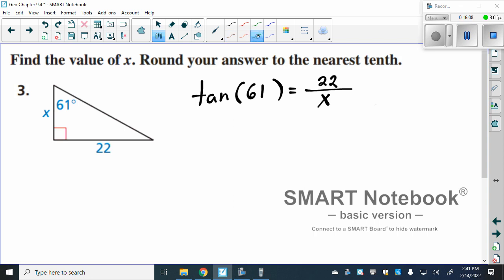Then we're going to multiply both sides by x. And we do this so that these x's will cancel out. And it also gets x into the numerator. A little bit easier to solve.